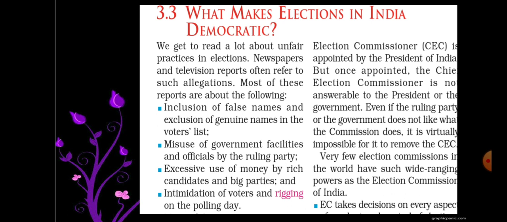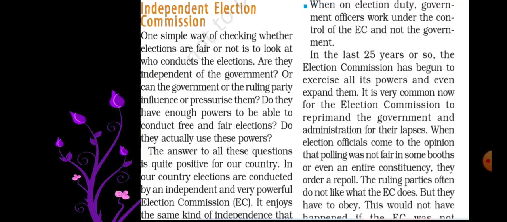The people's participation in election is usually measured by voter turnout figures. What is meant by voter turnout figures? This turnout indicates the percentage of eligible voters who cast their vote.